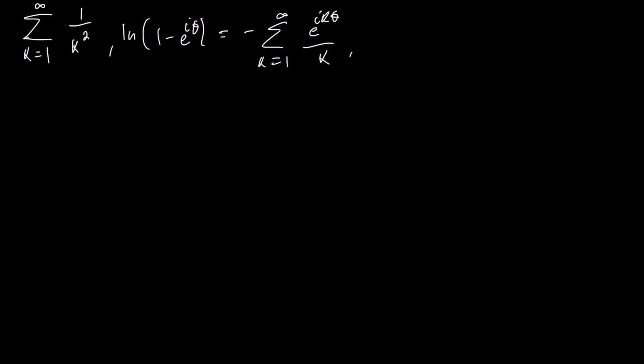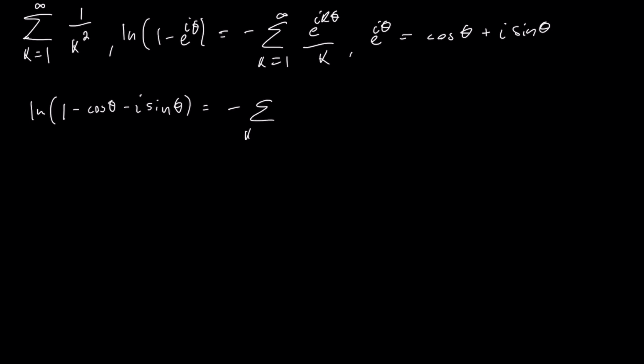And we know that e to the i theta is the cosine of theta plus i times the sine of theta. So replacing this here, we have the natural log of 1 minus cosine theta minus i sine theta is negative the sum from 1 to infinity of e to the i k theta over k.